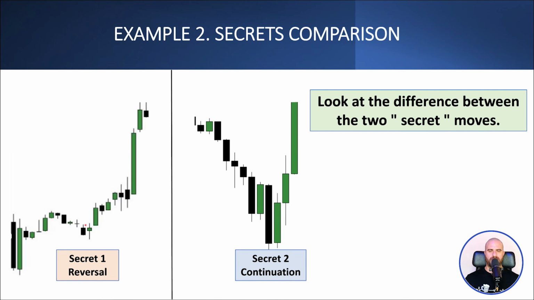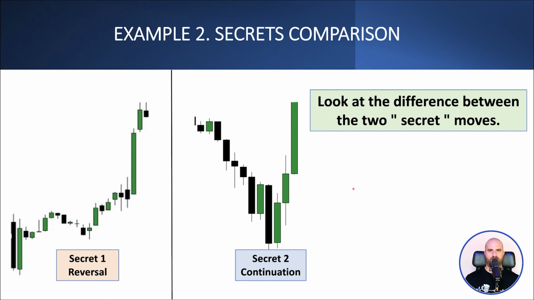Do you recall from the first example, I have them side by side. Secret number 1 was this retracement that you see over here. Price retraced in a sideways manner, as we said, and then came back to our area. Secret number 2, though, for the trend continuation, is a move which is very, very impulsive.